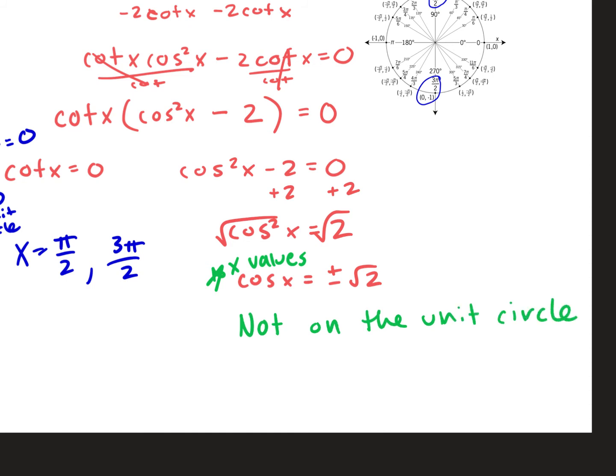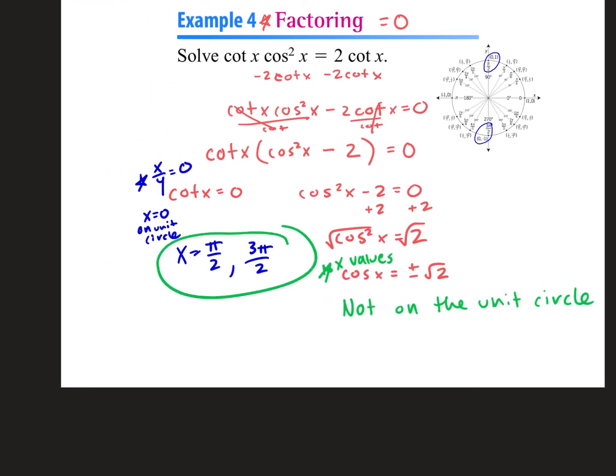It's not that this is not a value. It's just we would need our calculator to solve for this. And the point of this section is to not use the calculator, just use the unit circle. So here, it's just not on the unit circle, and that would be our answer for that one. But we have x is equal to these two.